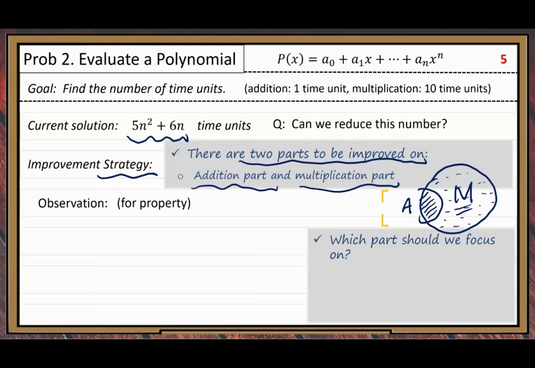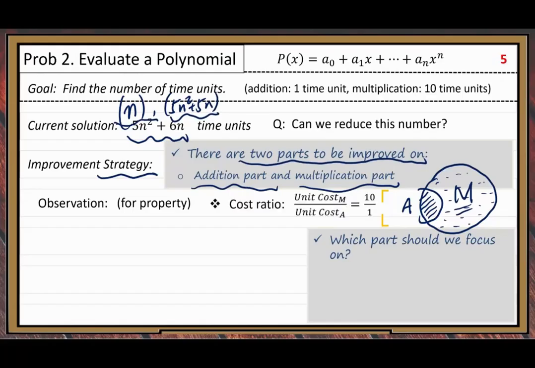The addition part, n, is the addition part. The multiplication part is 5n squared plus 5n. Can you see how large their difference is? Quite large, right? Especially when the number n is very large.